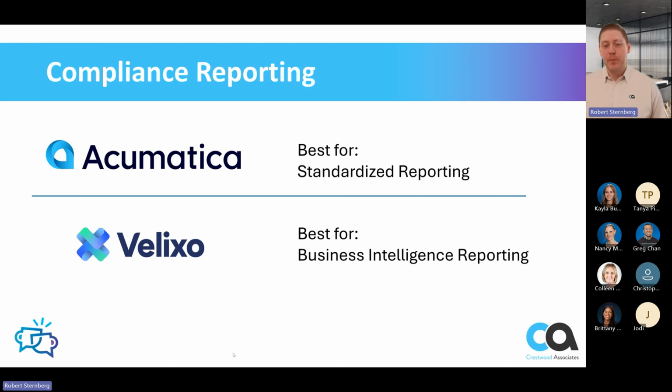Business intelligence reporting thrives on the ability to morph, change, filter data on the fly. And if we're looking at this through the lens of compliance, that's something that we really want to avoid when we're building reproducible reports.